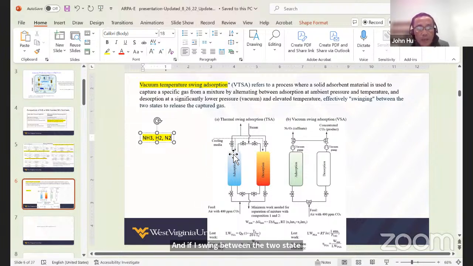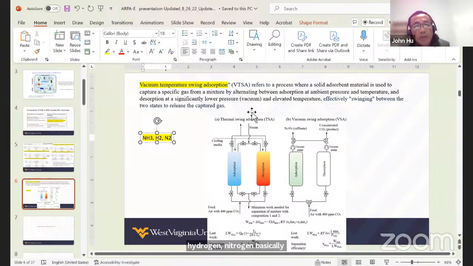Let's see in the adsorption scenario. Okay, in the adsorption the scenario is under the pressure and the temperature. So once ammonia is adsorbed, the hydrogen, nitrogen basically release.